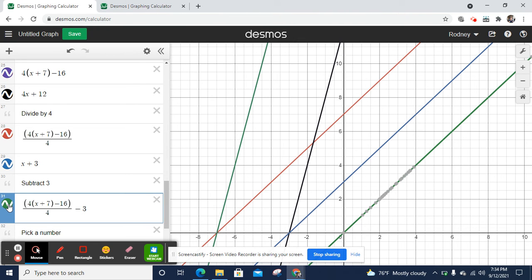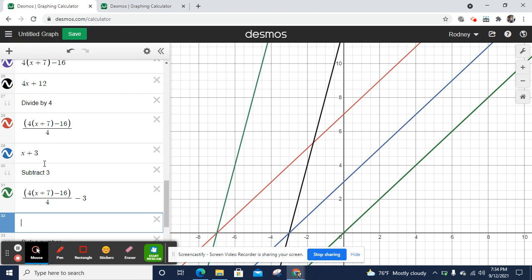But at any rate, it is the same as y equals x. So no matter what x value I put in, I get the same output. It's always going to equal whatever x was that I chose. So this whole thing is just x plus 3 minus 3. So maybe that'll make it a little clearer that this is just x.